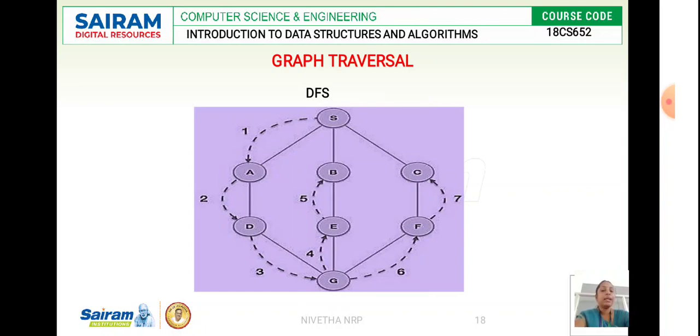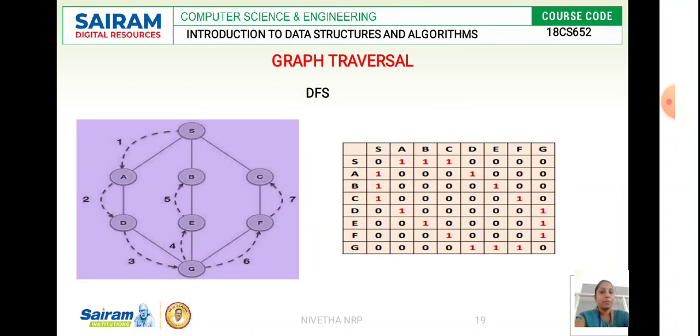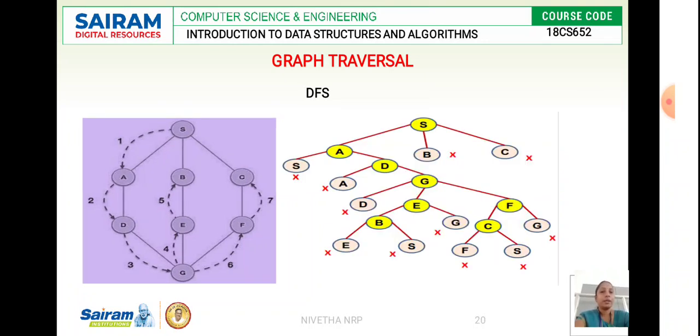We traverse each and every node in the graph depth wise, and we draw the matrix. Whenever you visit the nodes, you draw the matrix for it, and with this you compute the traversal of the graph.